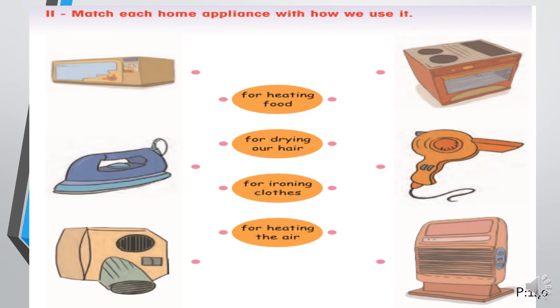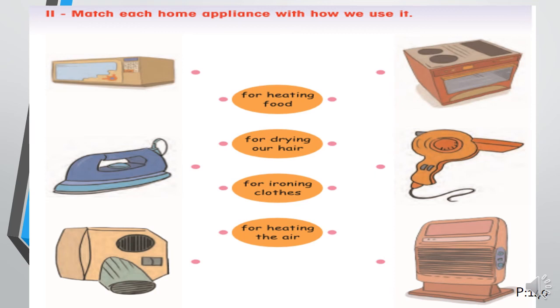The next exercise, page 140. I have to match each home appliance with how we use it. We have: for heating food, for drying our hair, for ironing clothes, for heating the air. As I see, we have many home appliances. Each one has its own action.